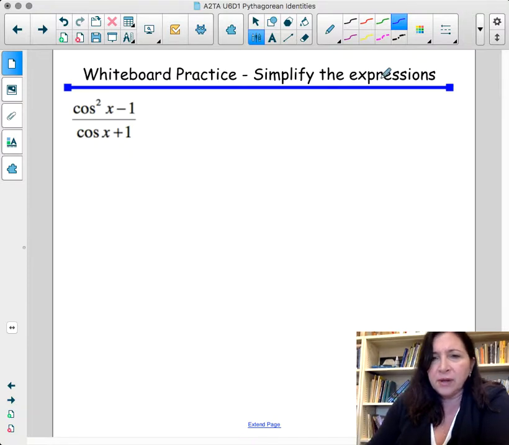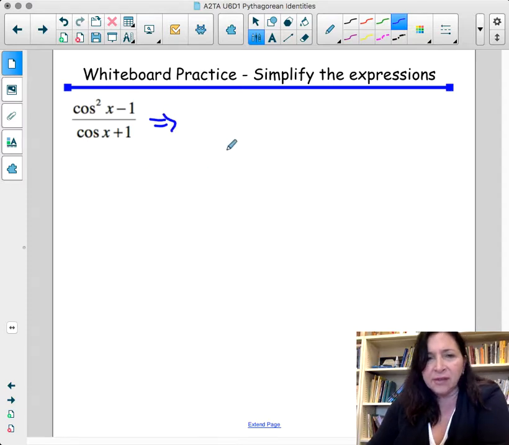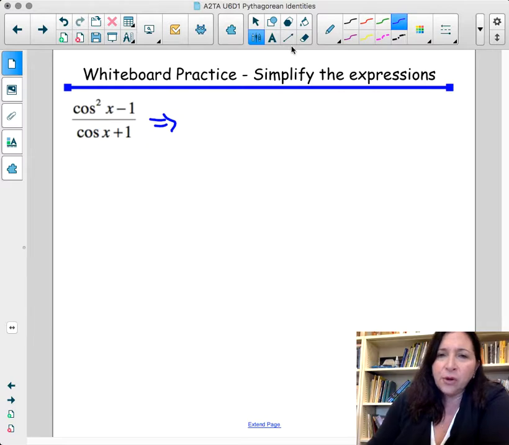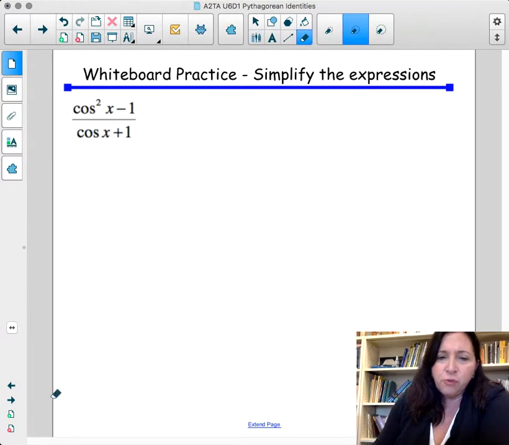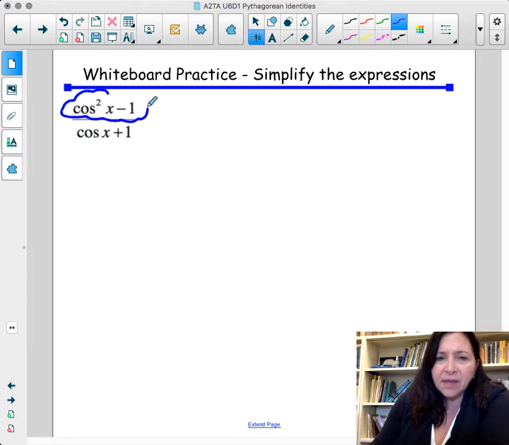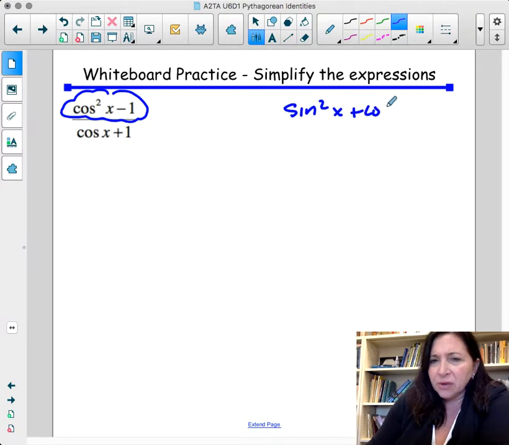So for this one, it's another expression, no equal signs. I mean, you can add, I like to add arrows, like this is the next step. This is where we're going. You can add arrows, or you can just simply draw underneath. Now, this right here is a Pythagorean triplet. Remember, that's going to be sine squared of x plus cosine squared of x is equal to 1.